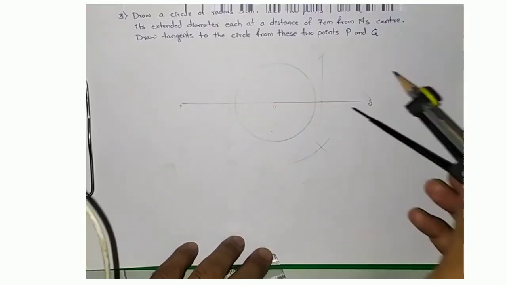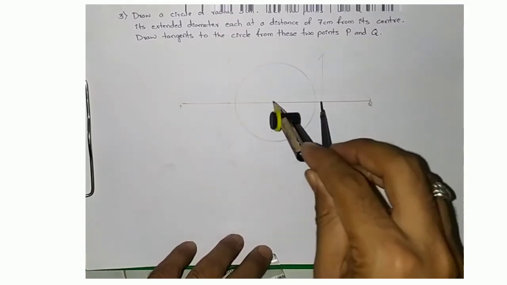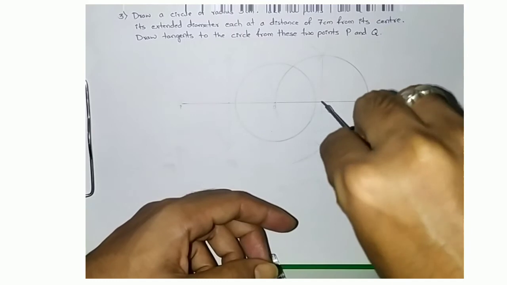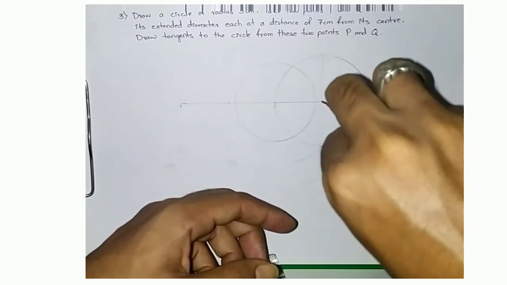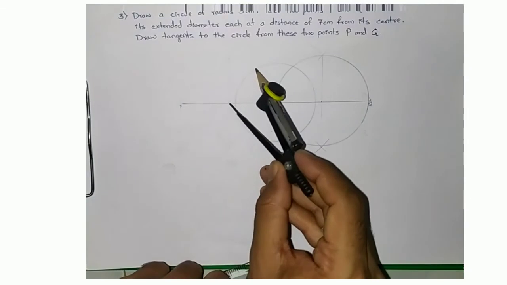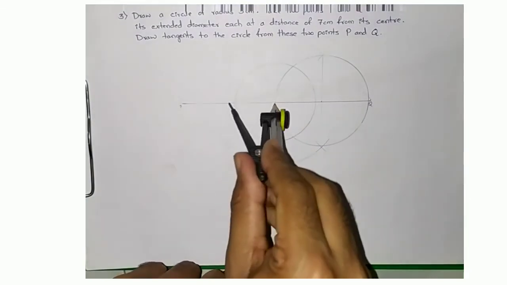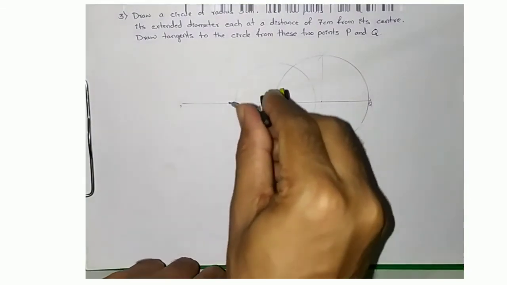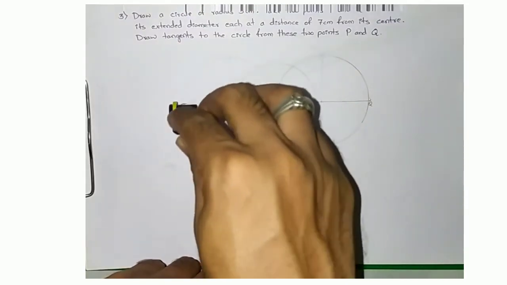Let's draw the circle which will pass through O and Q. Similarly, from the P side also draw the circle which will pass through O and P.